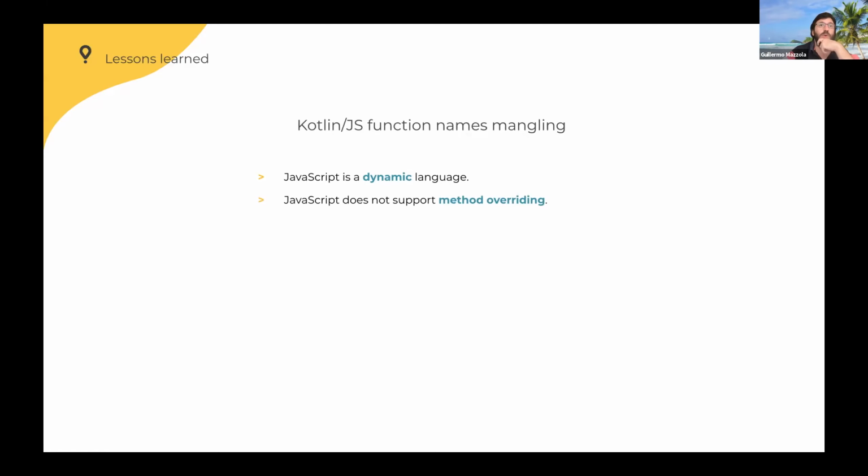In Kotlin or any typed language, you can have multiple definitions of the same method or function with different numbers of arguments or types. JavaScript doesn't have any of that. And Kotlin doesn't produce TypeScript, which will be a great improvement that they will be adding to the compiler in the new version of Kotlin.